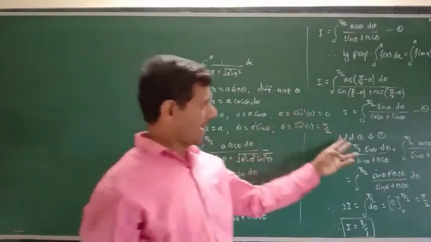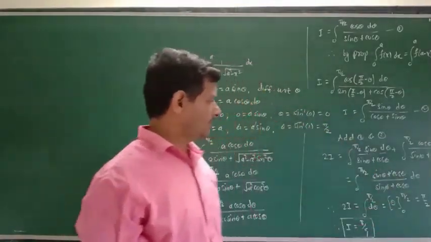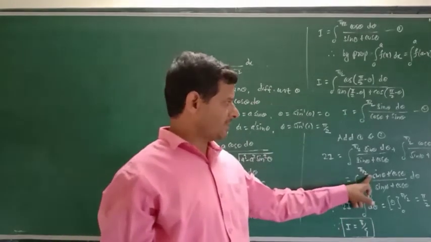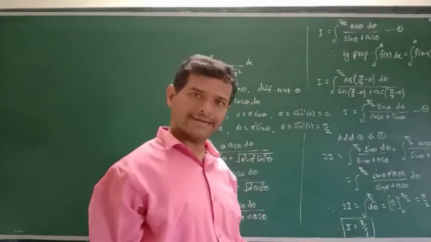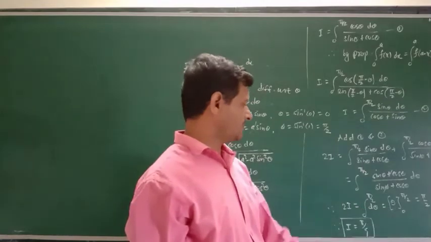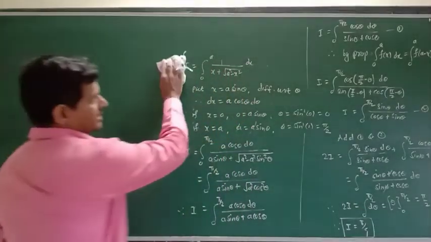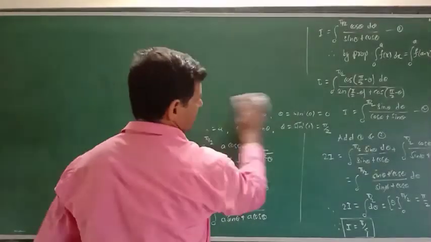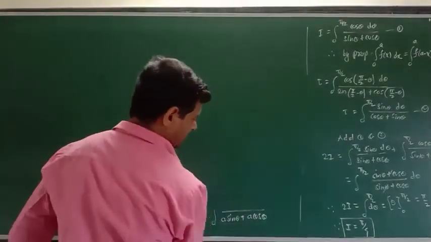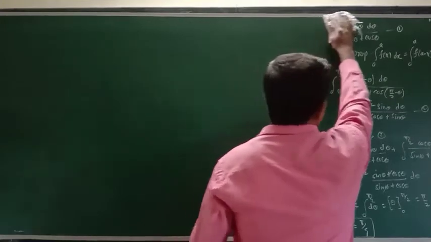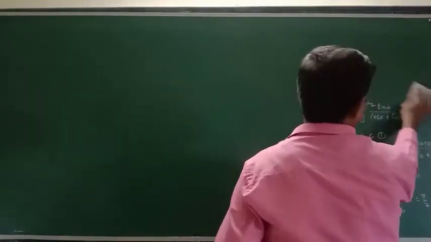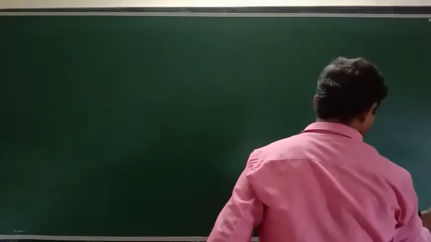So if I add these two integrals, then on the right side the numerator and denominator get cancelled and its value is I is equal to pi by 4. Okay, it is very easy after utilizing the properties of definite integrals. We can evaluate the value of the integral very easily.